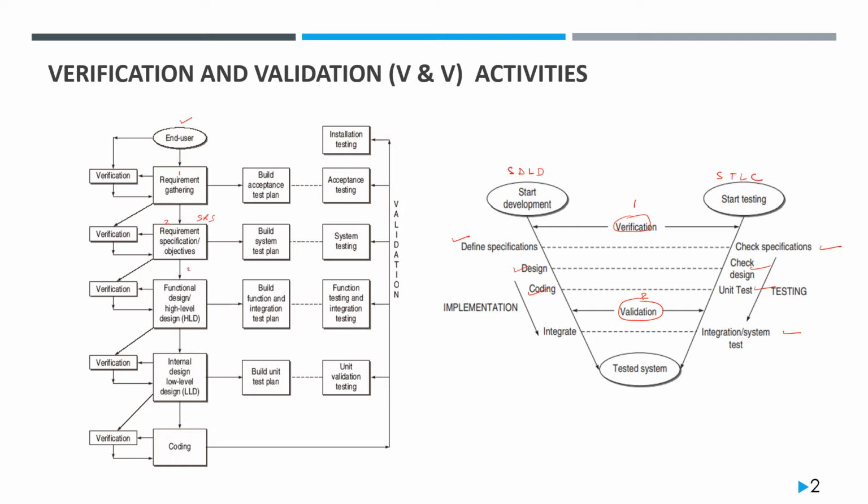Now come to the third, functional design or high level design. Functional design is the process of translating the user's requirements into a set of external interfaces. The output of the process is the functional design specification, which describes the product's behavior as seen by an observer external to the product.